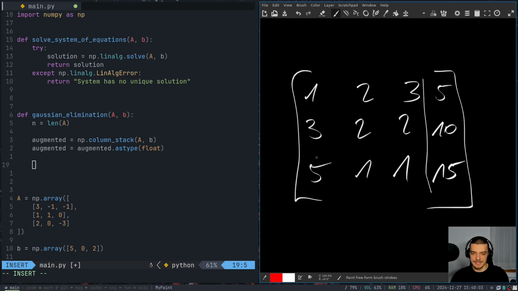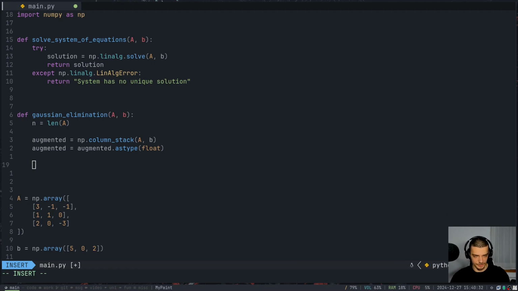Then the goal is to get the highest value at the pivot element position. So we would swap these two rows. Then for the second column, we want to have the highest pivot element in this position. So if this was, for example, 3, we would swap it so that the 3 is at this position. We want to have the highest value always at the pivot position, so to say.